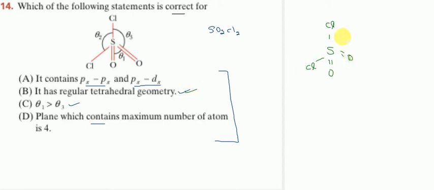But here there is chlorine and oxygen, two types of atom. In a regular tetrahedron all attached atoms are the same, so this option is false.